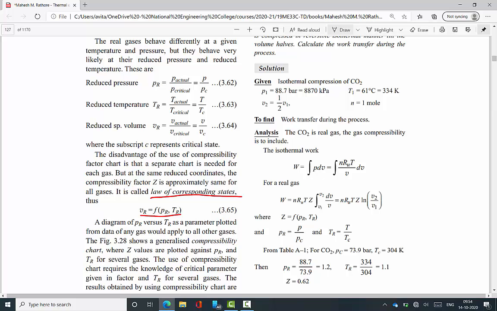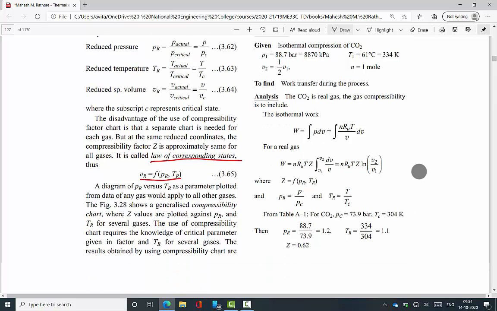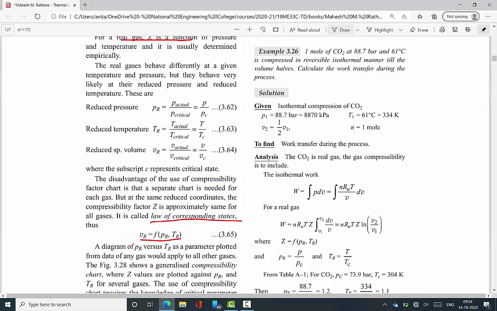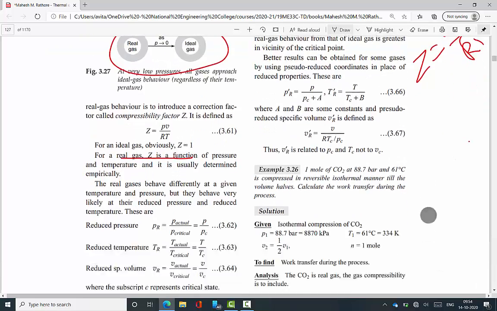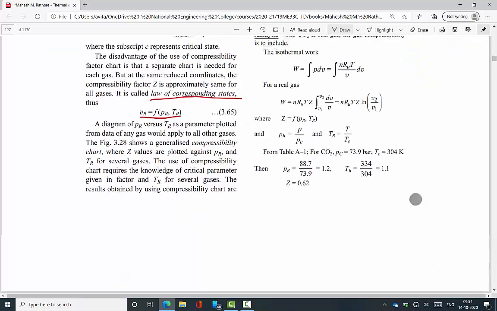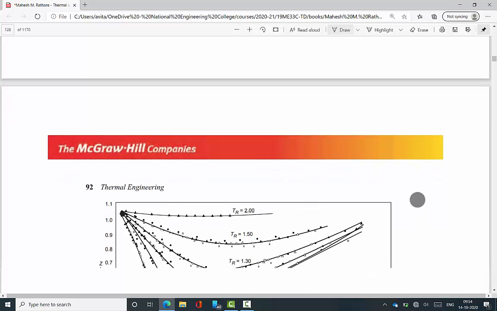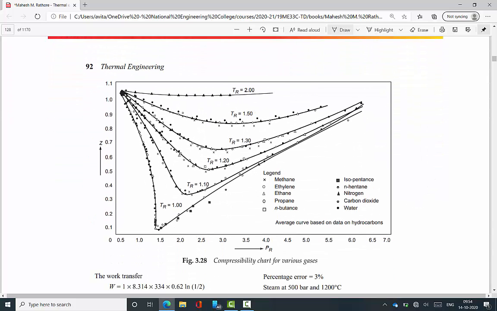The compressibility chart is a very useful chart for determining the properties of real gases. Here is PR, reduced pressure, TR, reduced temperature, and Z, the compressibility factor.